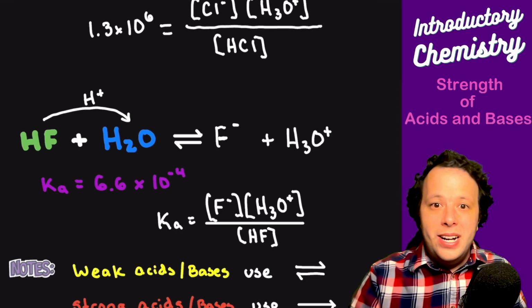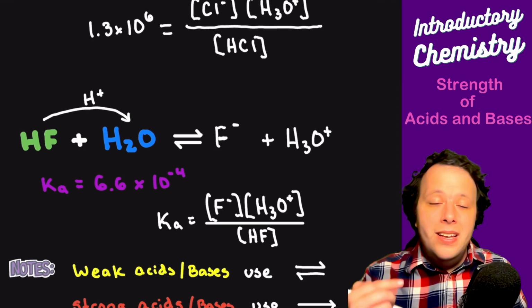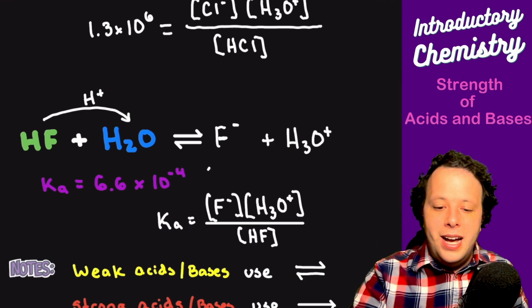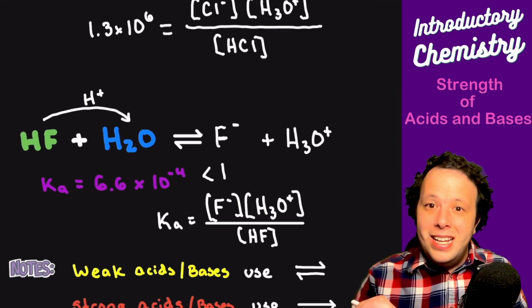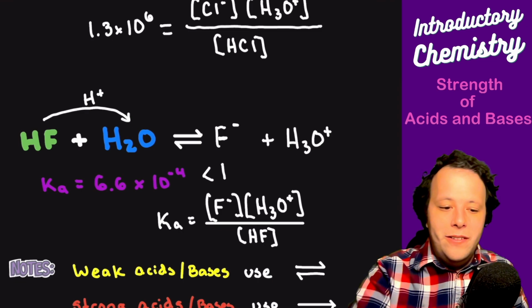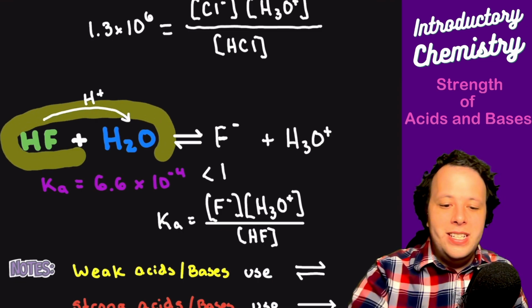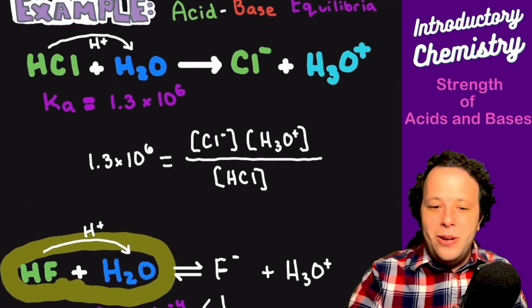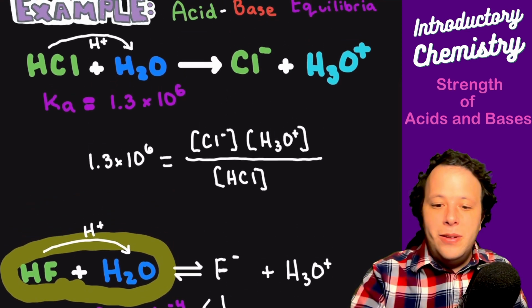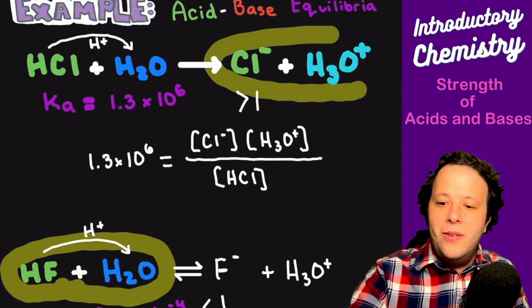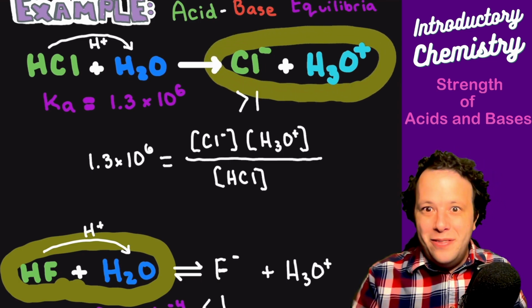And that's how you'd write out an equilibrium constant. The important thing here is that since this is a lot less than 1, it favors the reactants. So most of the population of this solution is going to be on the left-hand side, whereas the one on the right was greater than 1, so most of that is going to be on the right-hand side of the equation.